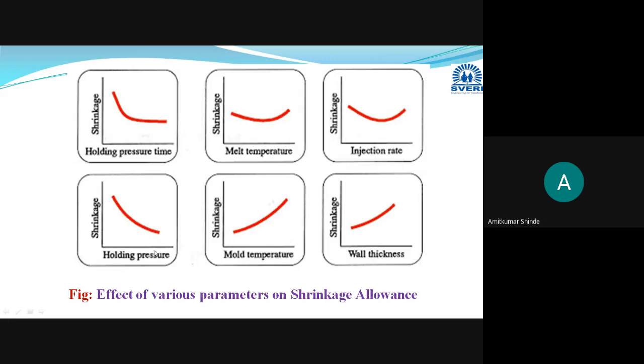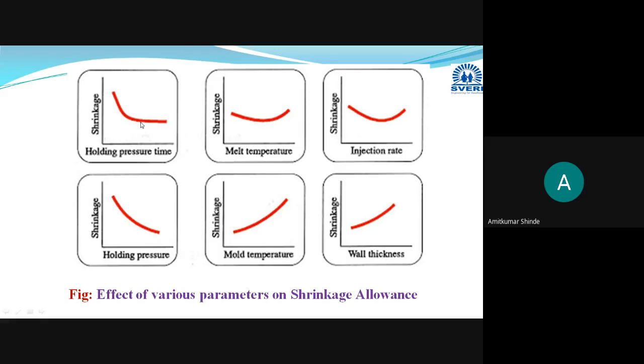Holding pressure: as holding pressure increases, the shrinkage allowance value decreases. Holding pressure is our first parameter. Then the second parameter, holding pressure time. As holding pressure time increases, shrinkage allowance decreases up to a certain range, and after achieving a certain value of shrinkage allowance, holding pressure time does not have any effect, meaning it will remain steady.